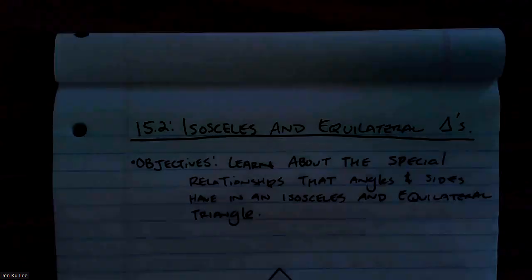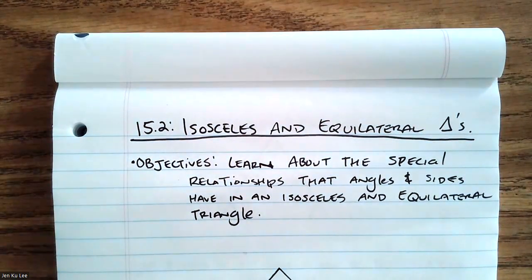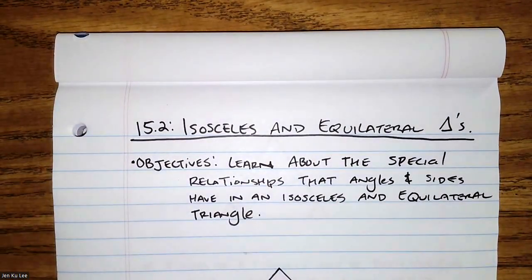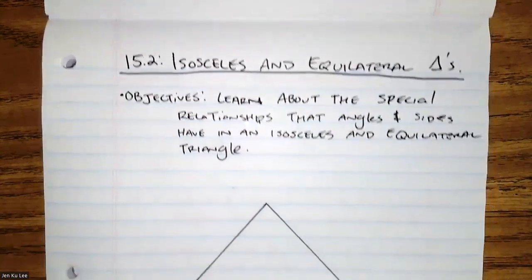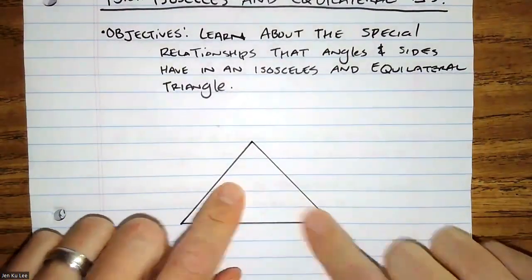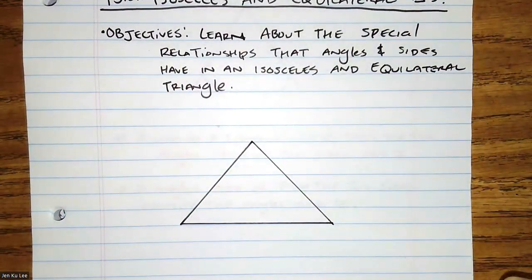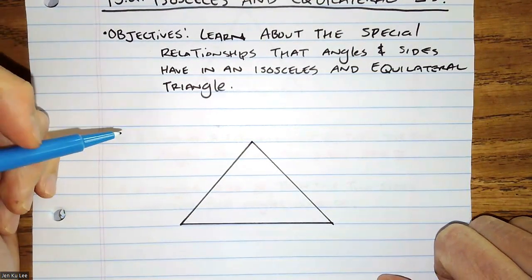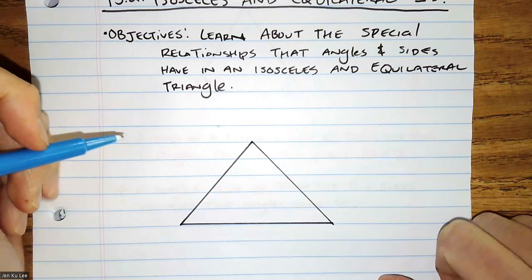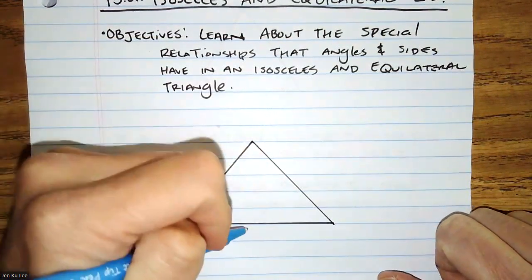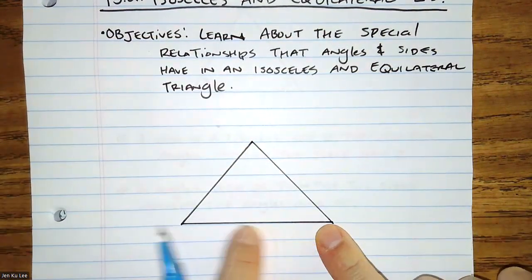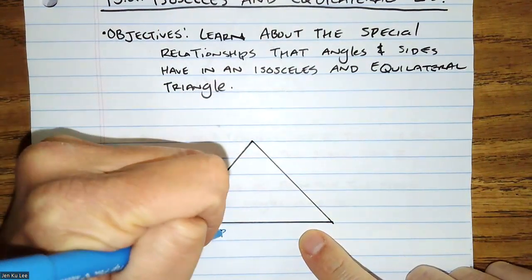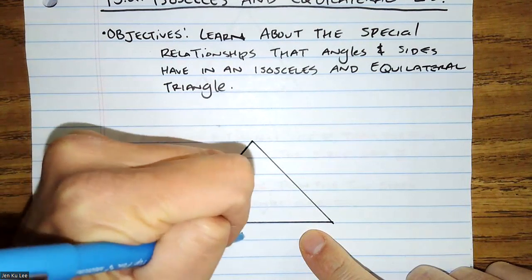Before we talk about the different relationships that they have, we first have to talk about a triangle. We're going to do basic labeling of the sides and the angles. So this side here that's on the ground, you can imagine, is called the base.